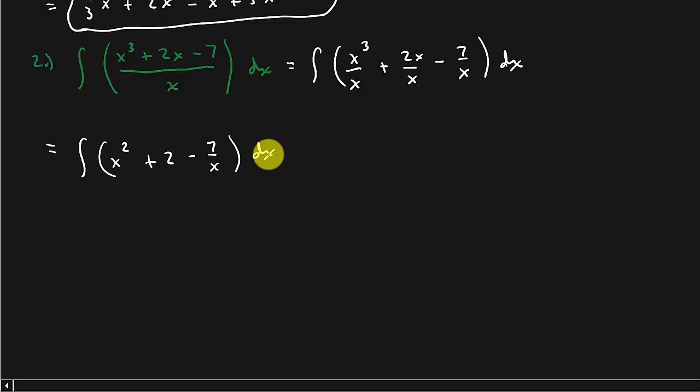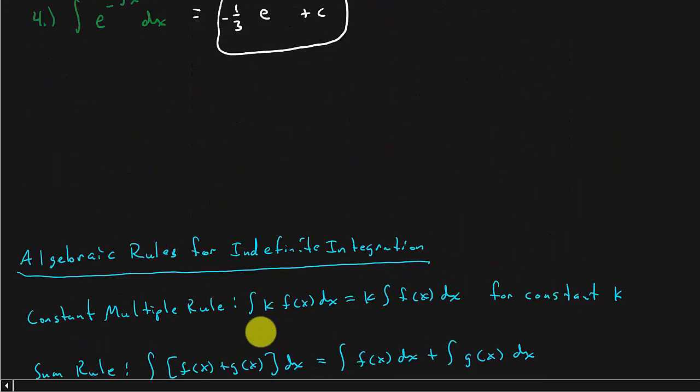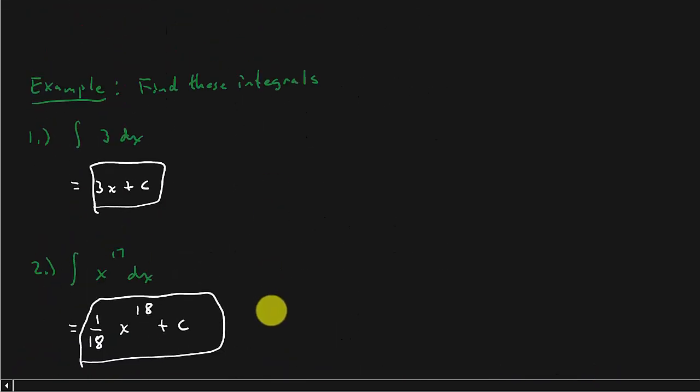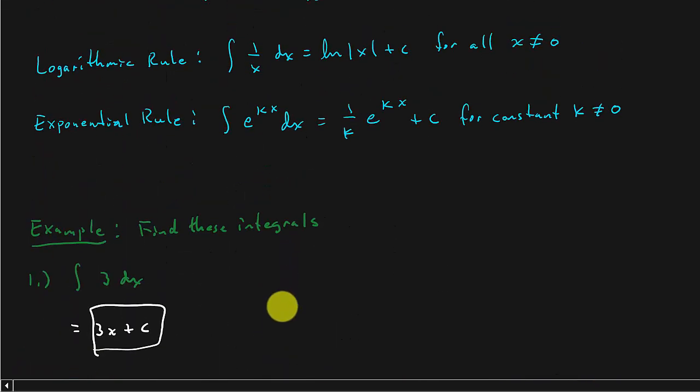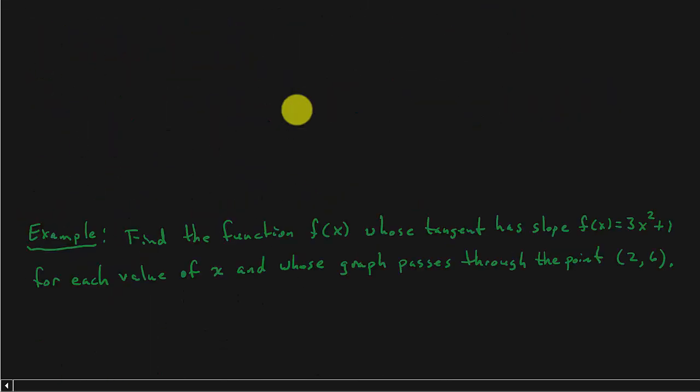Okay, so I know how to integrate this, but this might look kind of funny to you because we got 7 over x, and notice in our formula up here we don't have 7 over x or a number over x. We have 1 over x for logarithm.